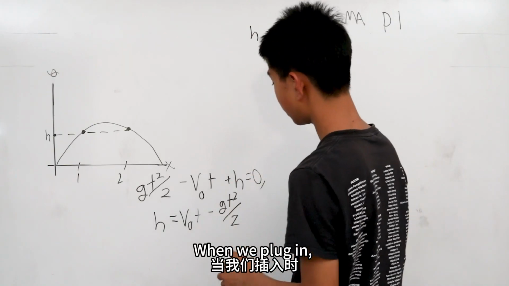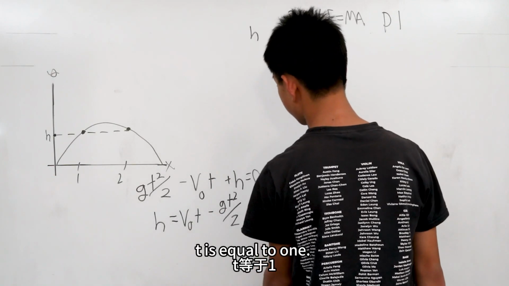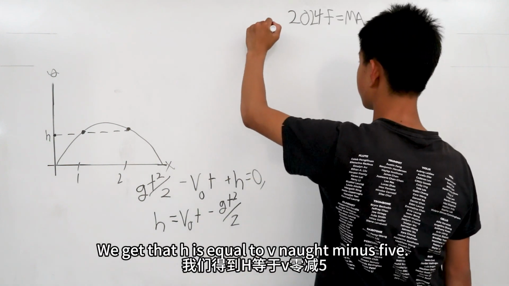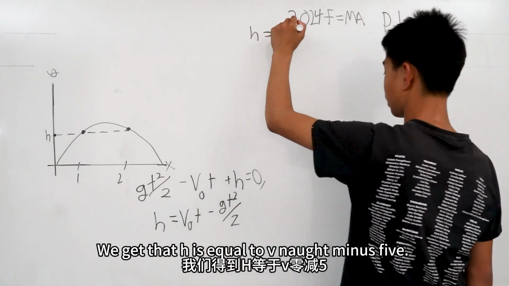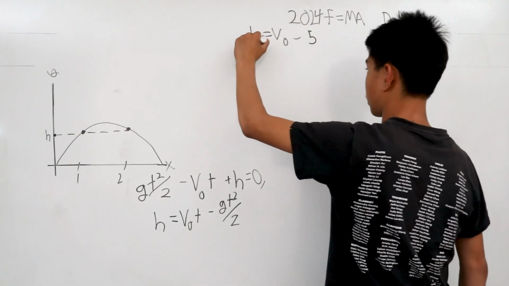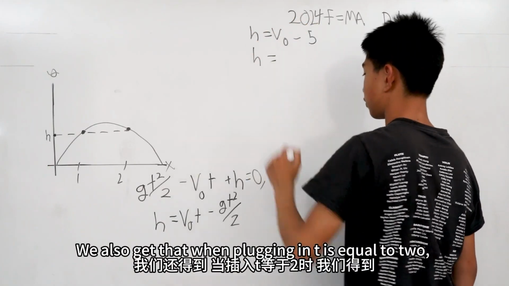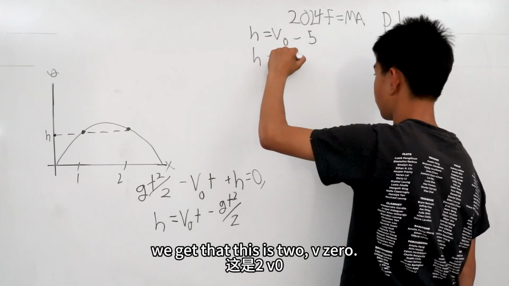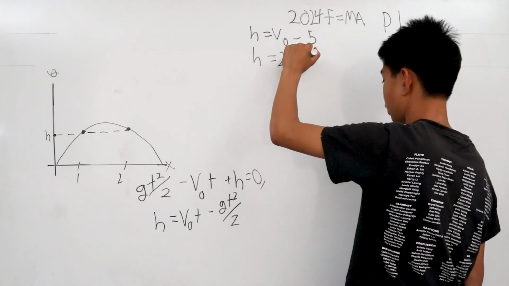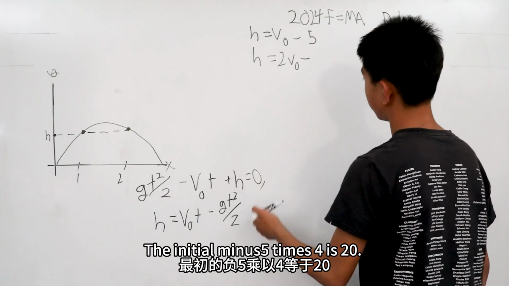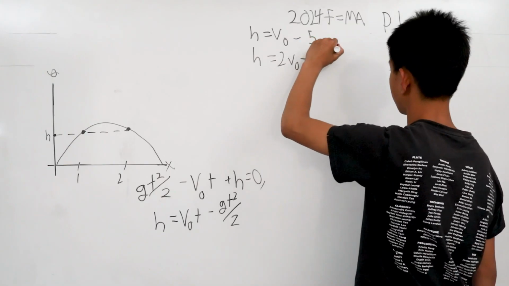So when we plug in t is equal to 1, we get that h is equal to v naught minus 5. We also get that when plugging in t is equal to 2, this is 2 v initial minus 5 times 4, which is 20.